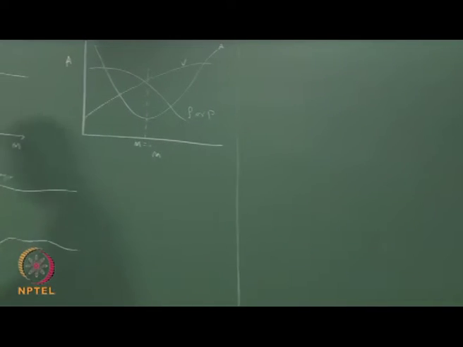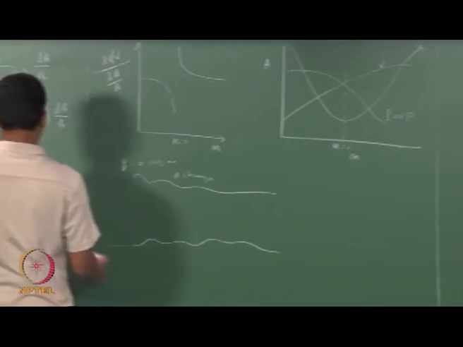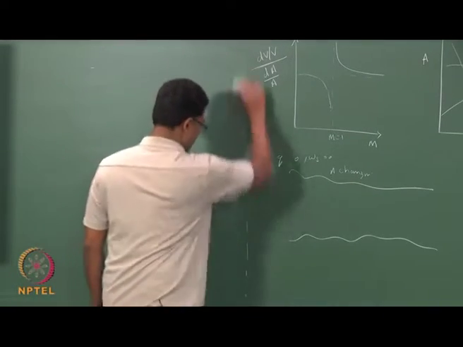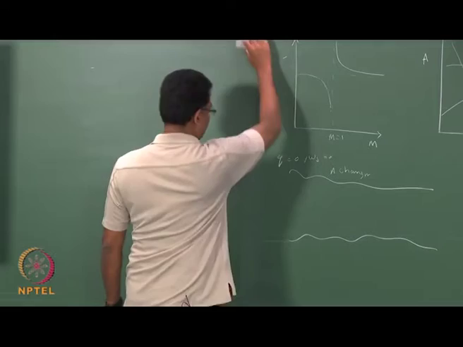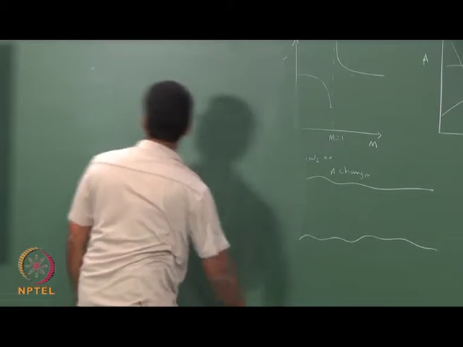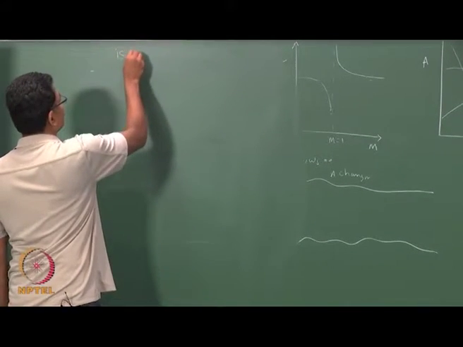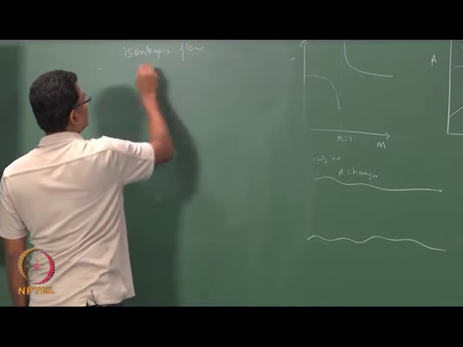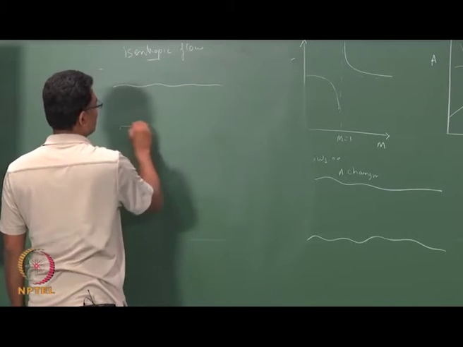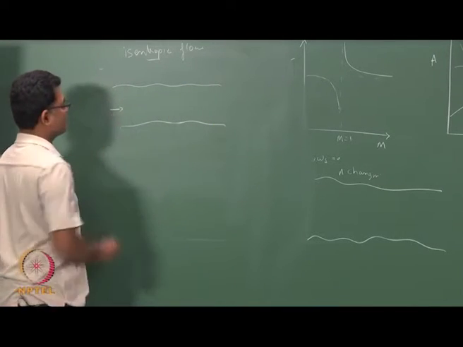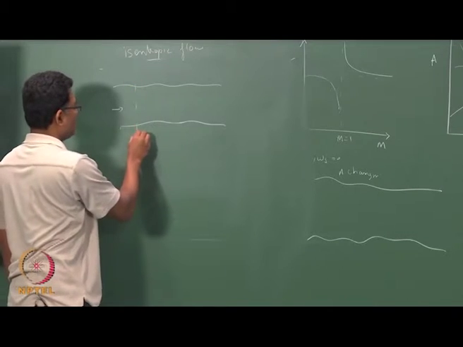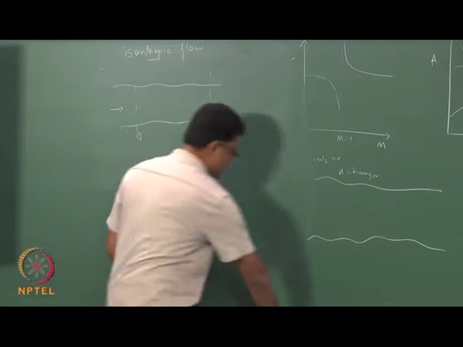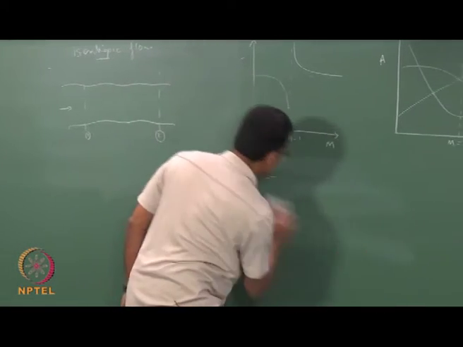So, I would start for an isentropic flow. Some flow at section 1, section 2. How did we see the process in the TS diagram?